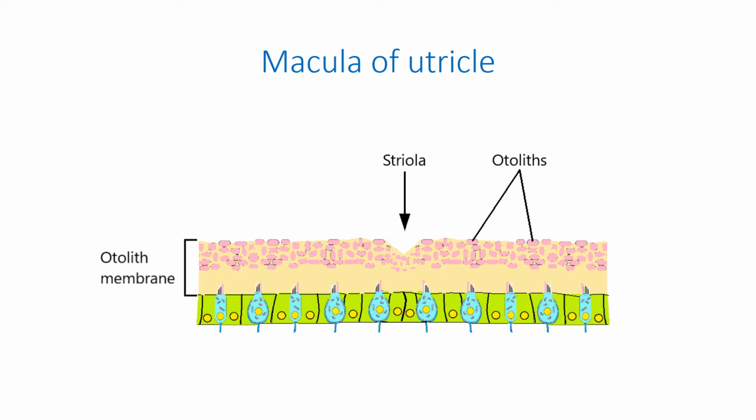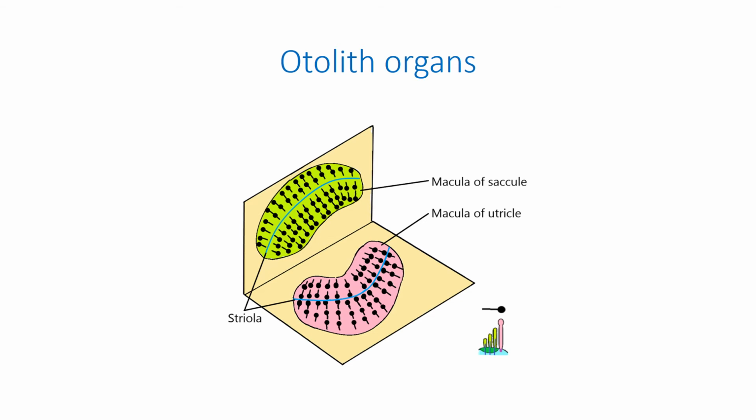The cells of the utricular macula are polarized so that the kinocilium is always on the side toward the striola. Conversely, the kinocilia of the saccular hair cells are oriented on the side away from the striola.